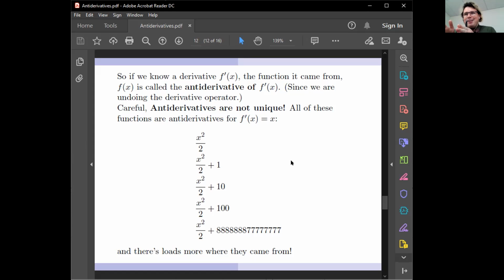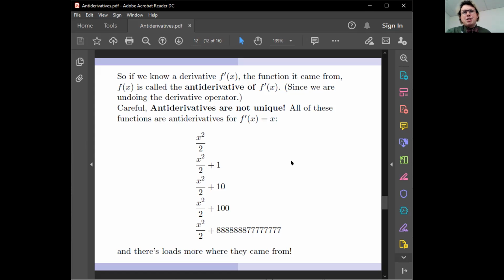So taking a function, calculating the limit of its difference quotient at every different x coordinate, we call that process differentiation. And the result of differentiation is the derivative of a function. Now we would like to undo differentiation.